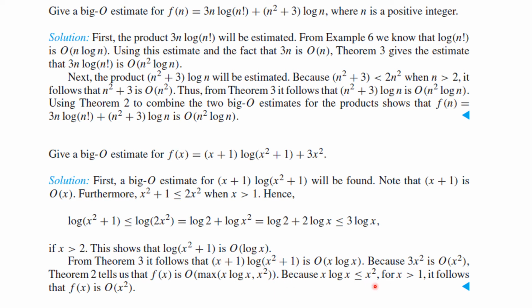So this whole entire expression is big O of x log x. So f of x then is big O of x squared, because x log x is less than or equal to x squared. Again, you want to think through these, make sure that you can follow each and every step.